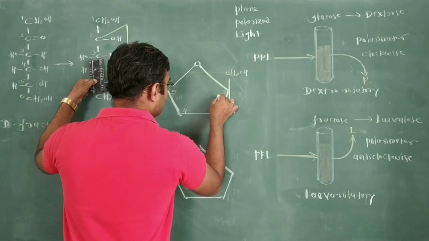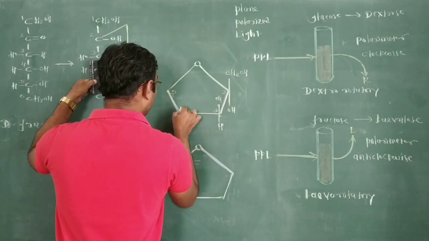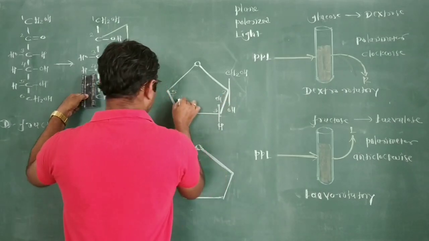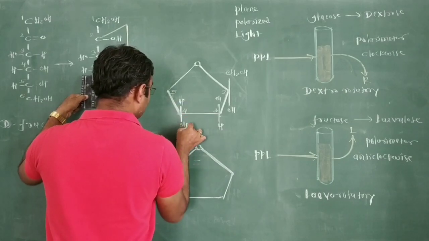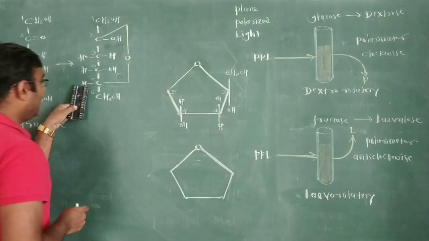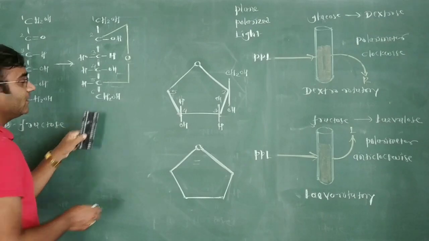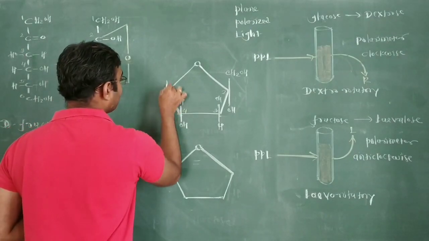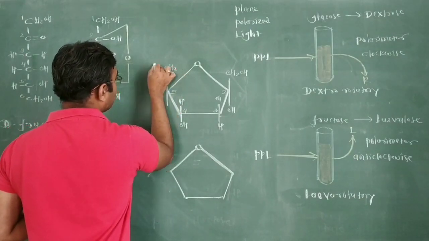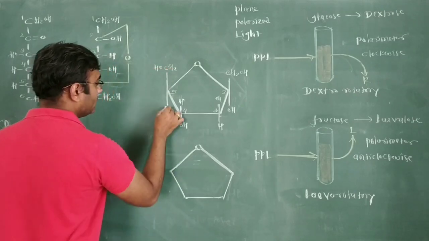Third carbon, what is present? OH, H. Fourth carbon, what is present? H, OH. Fifth carbon, H present, as well as the sixth carbon outside the ring, CH2OH. The H.